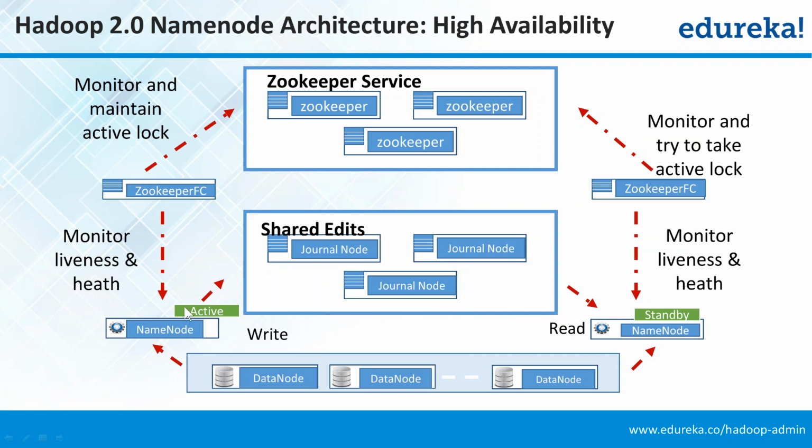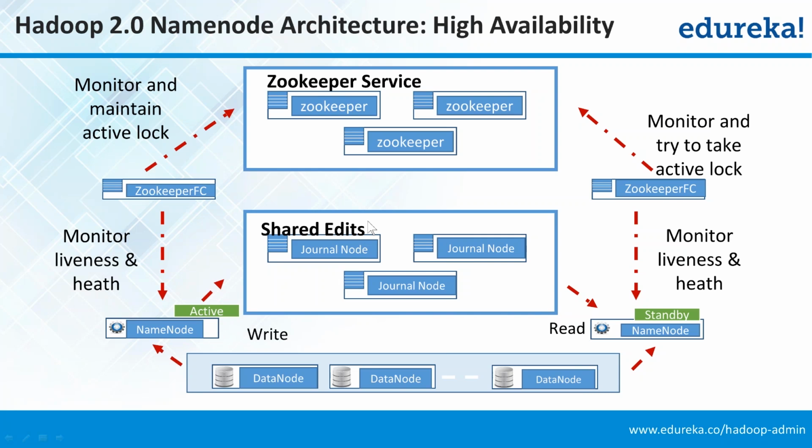So if the active name node goes down, the standby already has the metadata from the shared storage and the block advertisement from the data nodes, so it can start from the same state where the active went down. The idea is that both name nodes, active and standby, should have some shared storage.